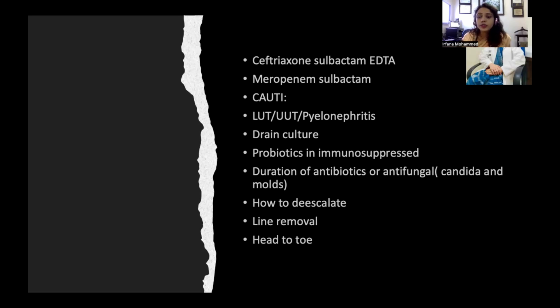If this report does not have any sensitive oral option, then you have to counsel the patient to give whatever sensitive intravenous antibiotic is there. You just don't convert IV to oral without any rationale.